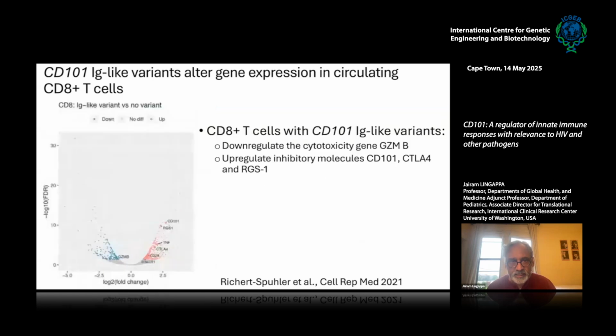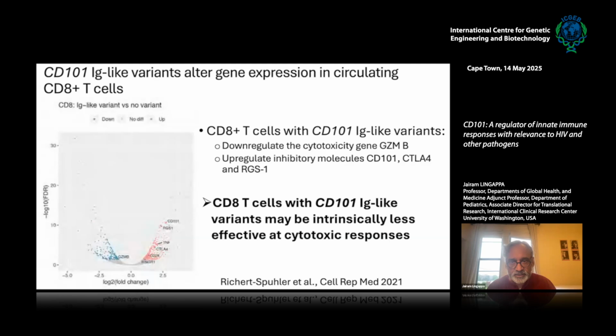And similarly, CD8 T cells, in this similar plot, you can see that they downregulate granzyme B, which is a gene that's involved in cytotoxicity for killer T cells, cytotoxic T cells, to kill cells infected with viruses.